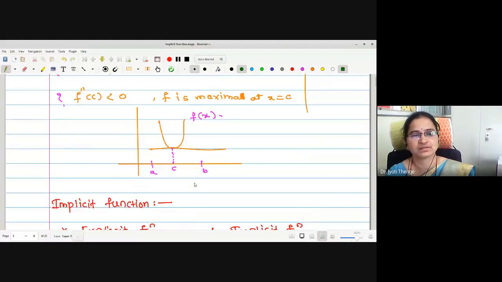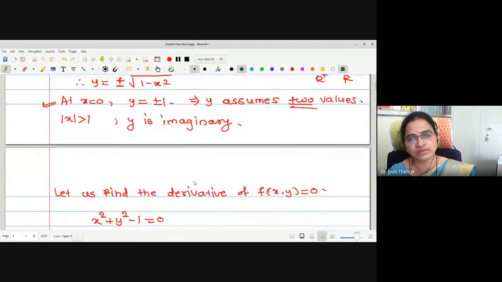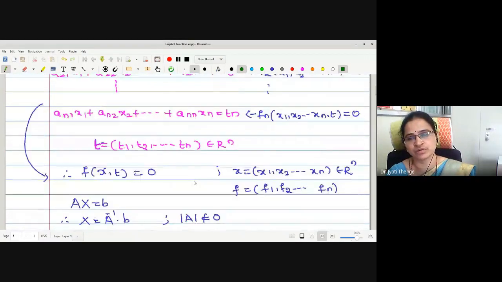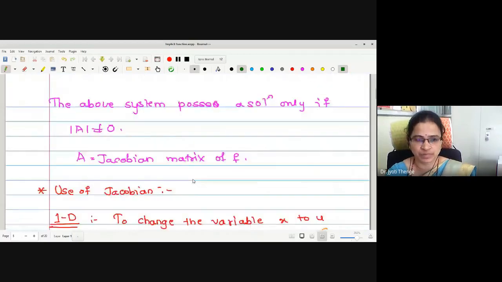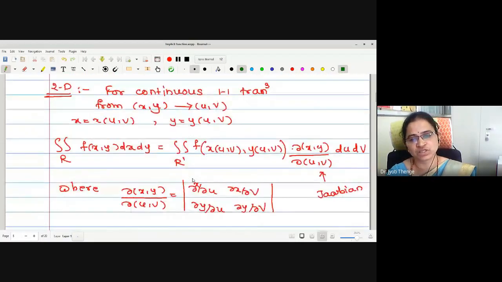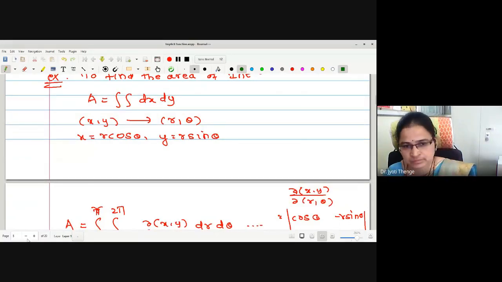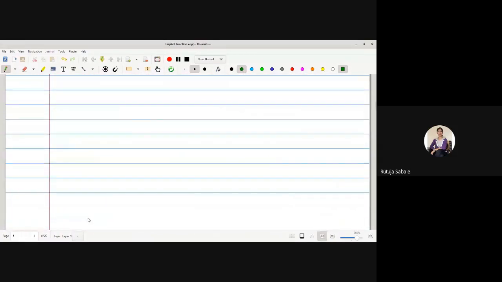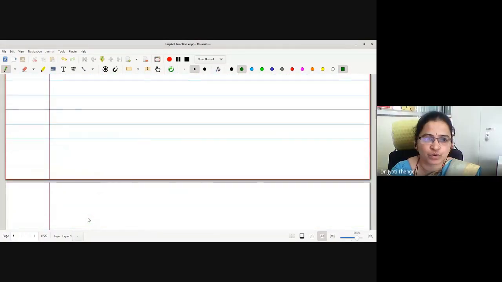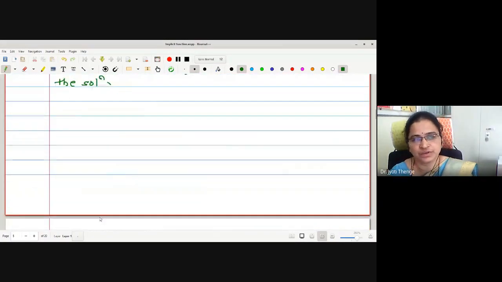Then we have studied implicit function to convert to explicit. What are the difficulties? And we have seen what is the use of the Jacobian matrix also. Any difficulty up to this? No, ma'am. Good. Now, before going to the main aspect, we are going to use the notation for the Jacobian matrix.